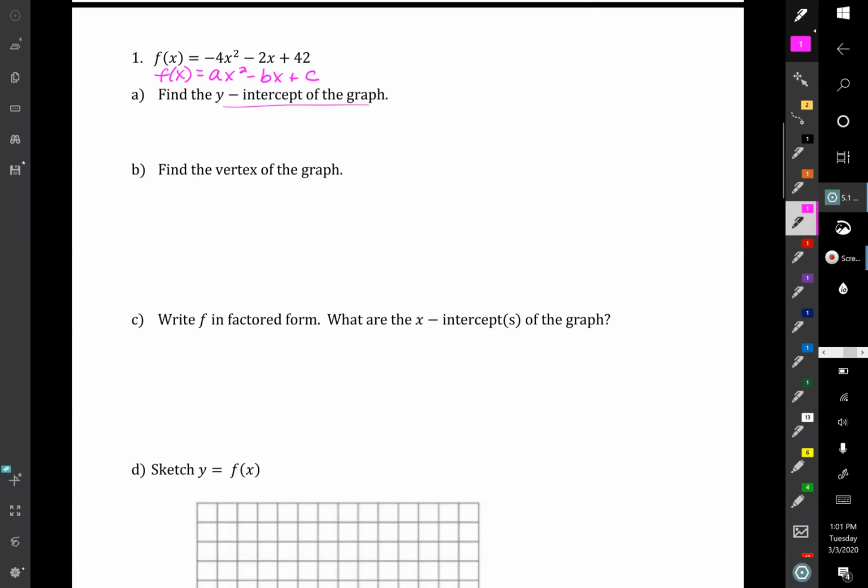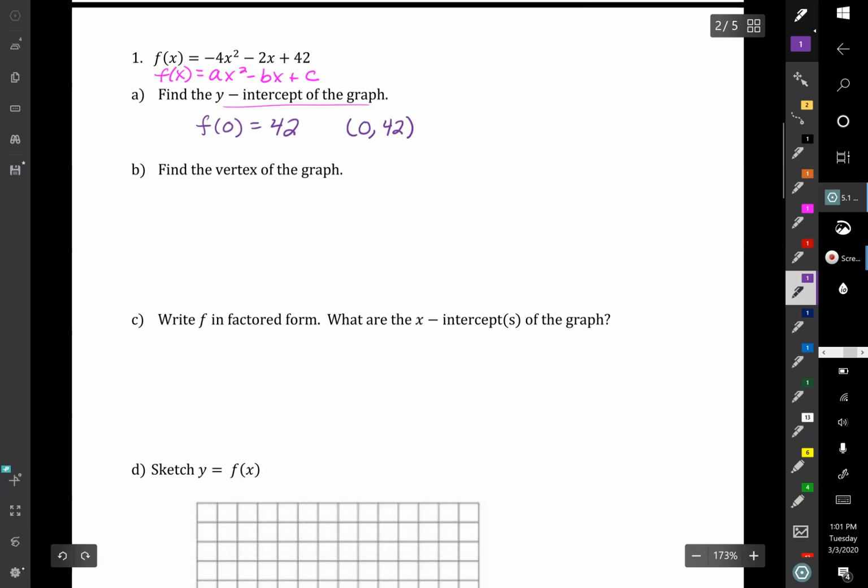So our y-intercept for this problem, we would do f of 0. We can just do that in our heads, and we're going to get 42. We could write 0, 42 as a point, or we could use the function notation I have on the left.